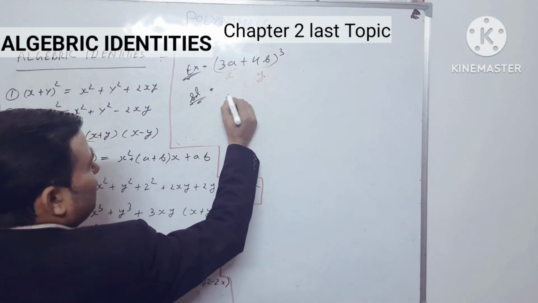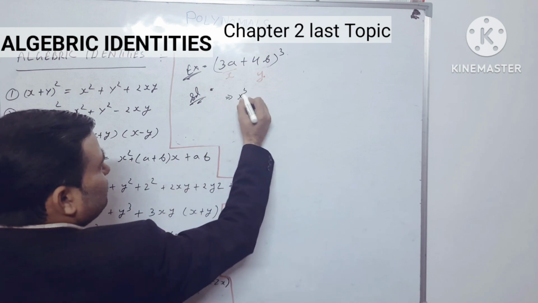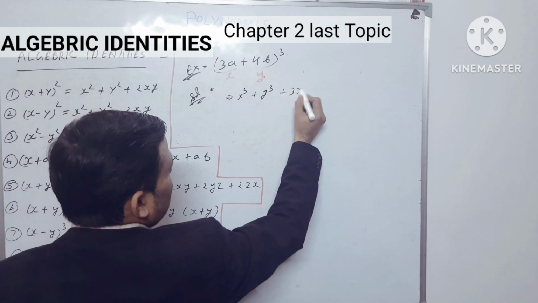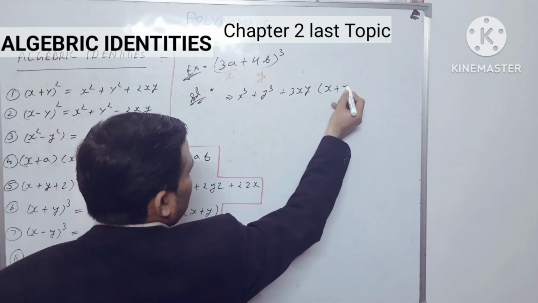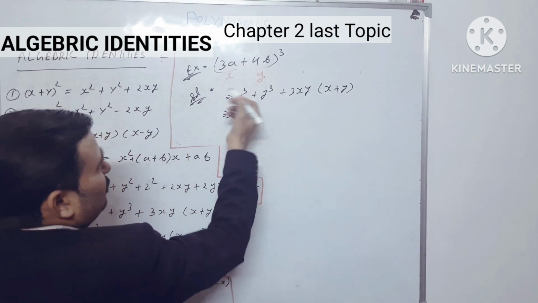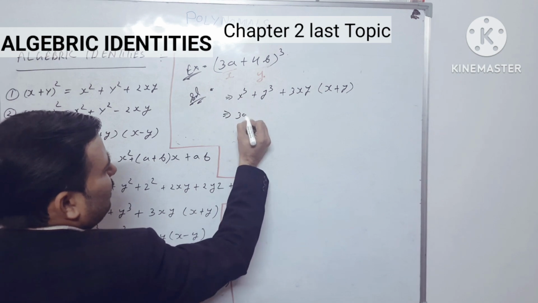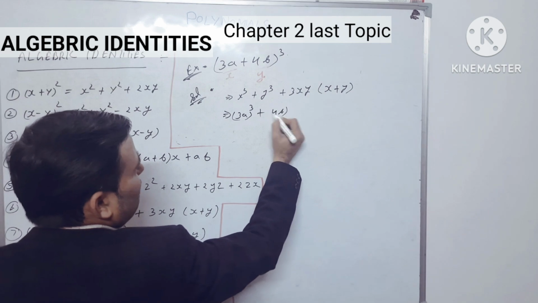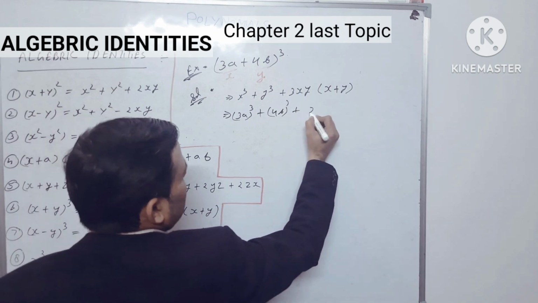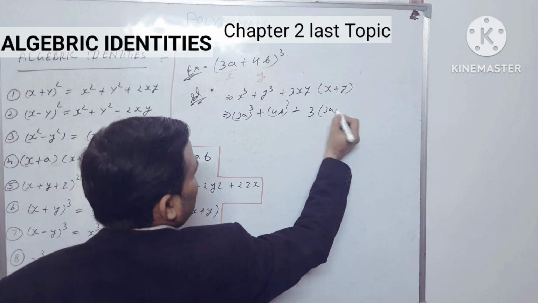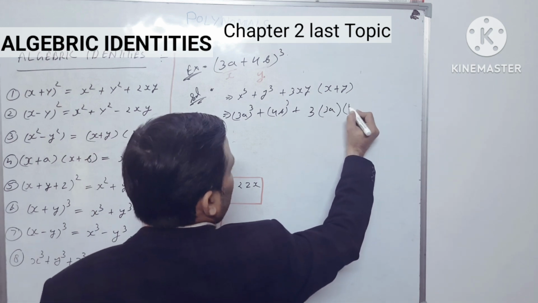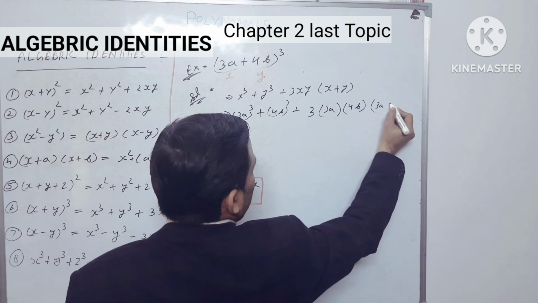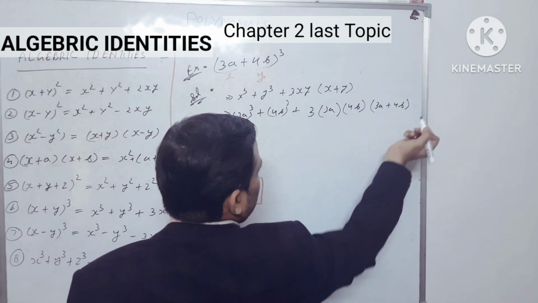What we will get? We will get x cube plus y cube plus 3xy(x + y). Here after putting the values, x is equal to 3a, y is equal to 4b, so we get (3a) cube plus (4b) cube plus 3 times 3a times 4b times (3a + 4b).